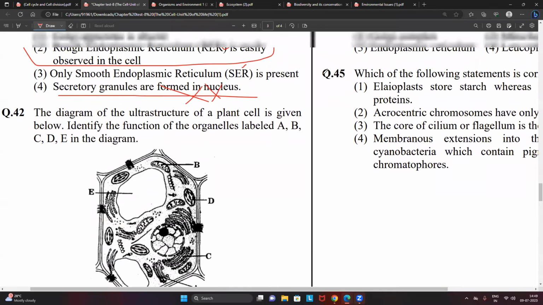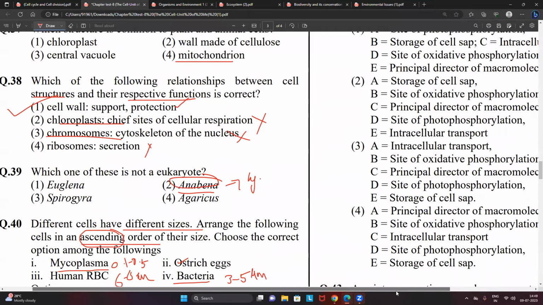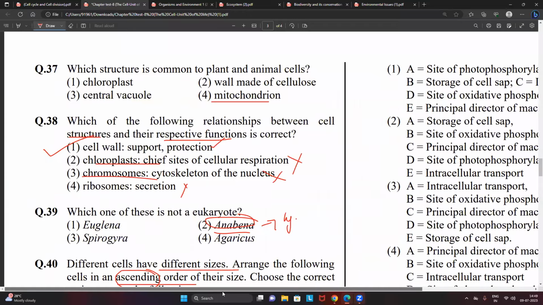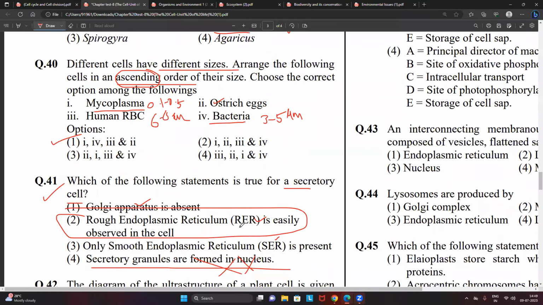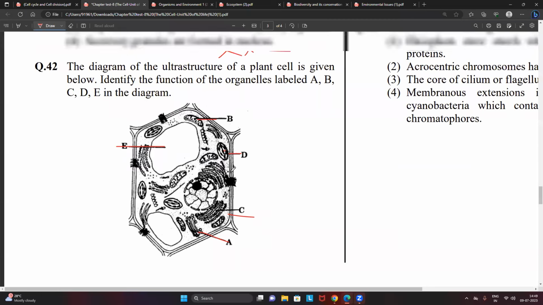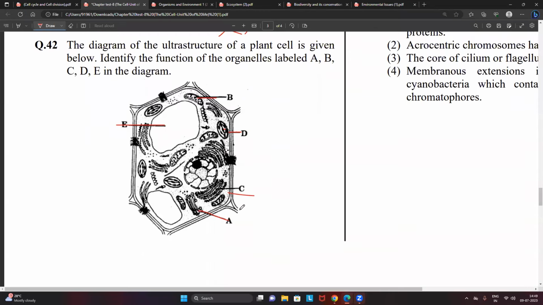Okay. So, 1 second. It's a big question. You only try to understand and you have to tell me the options. So you have to tell me the functions of option A, option B, option C, option D, and option E. First, look into the question. You have to tell me the functions. Okay. First of all, what is option A?